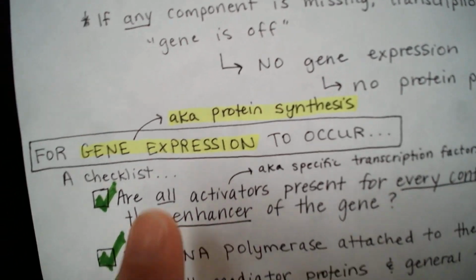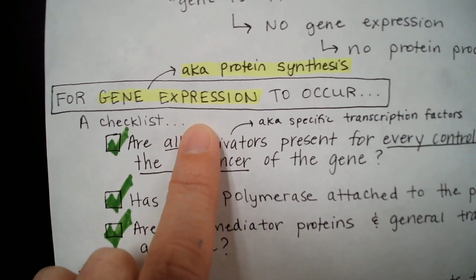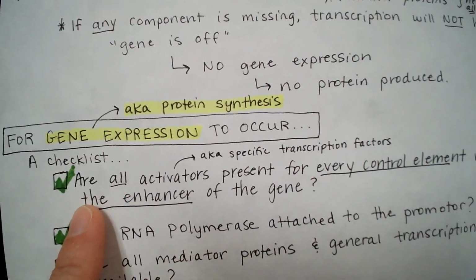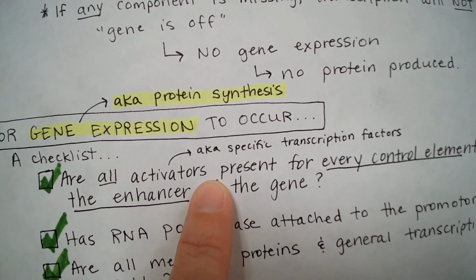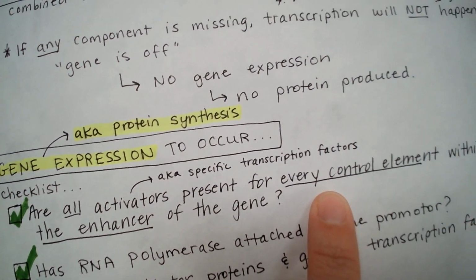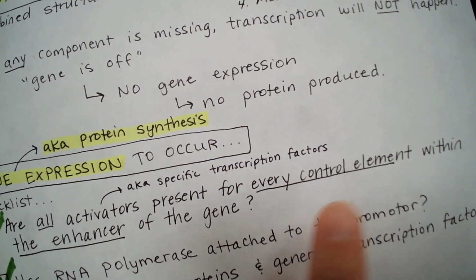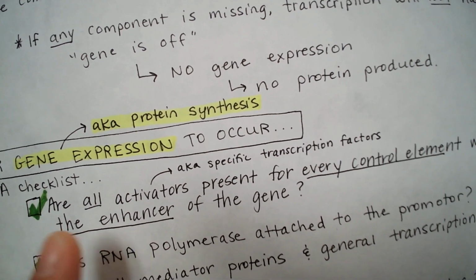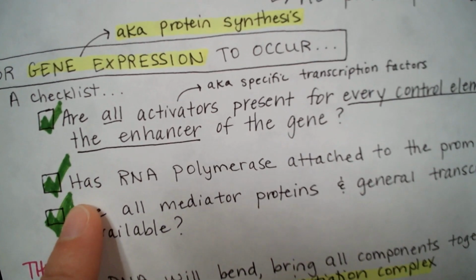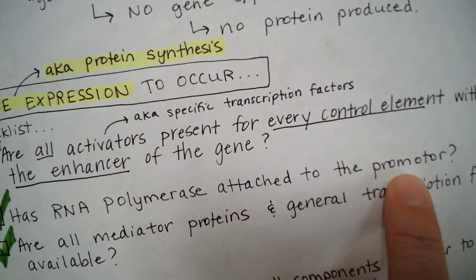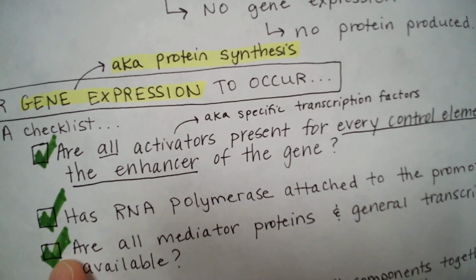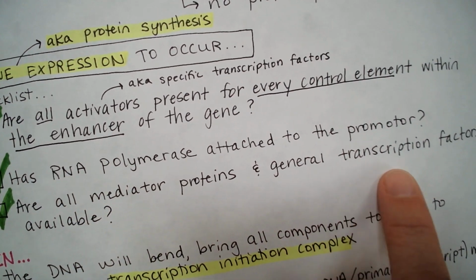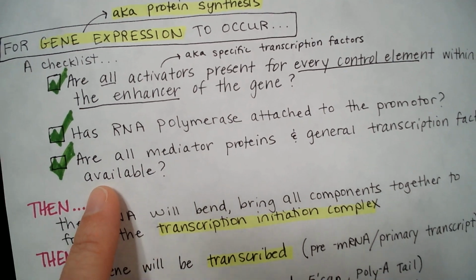Now, this is what I was talking about. For gene expression to occur, think of this as a checklist. Are all of the activators present for every control element within the enhancer? Okay, if that's good, has RNA polymerase attached to the promoter? Are all the mediator proteins and general transcription factors available?